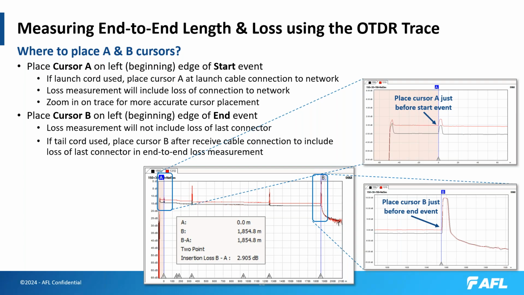So now your end-to-end loss would include the loss of the first connector, but would not include the loss of the end connection. Again, if you wanted to measure the loss of that end connection, you would have to attach a tail cord, and then you would place the B cursor after the reflection at the end event has recovered to the backscatter level of the tail cord.